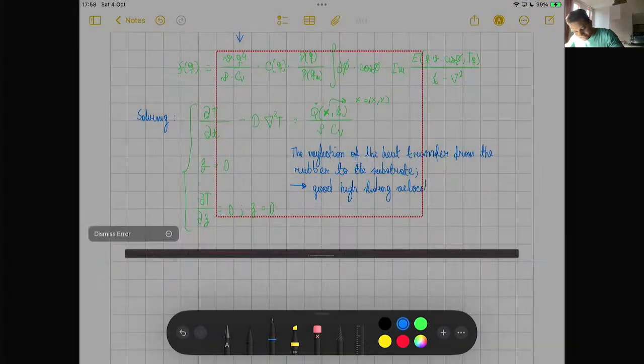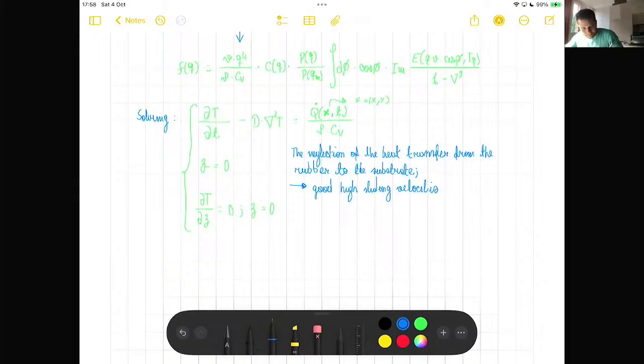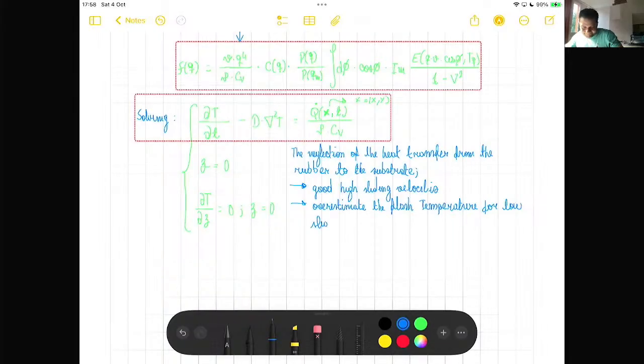Bad, not bad, but it overestimates the flash temperature for low sliding velocities.